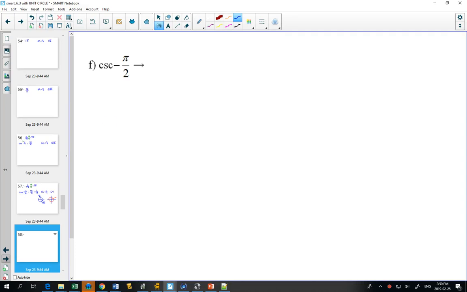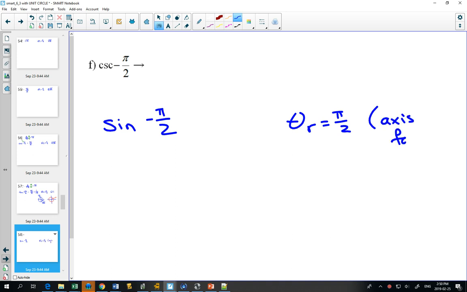Cosecant of negative pi over 2. Well, first I'm going to figure out sine of negative pi over 2. Negative pi over 2, your reference angle is pi over 2. This is part of your axis family.